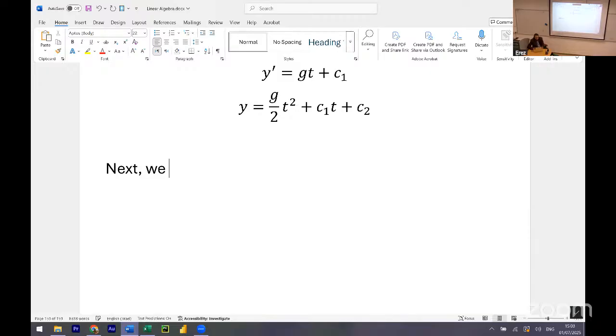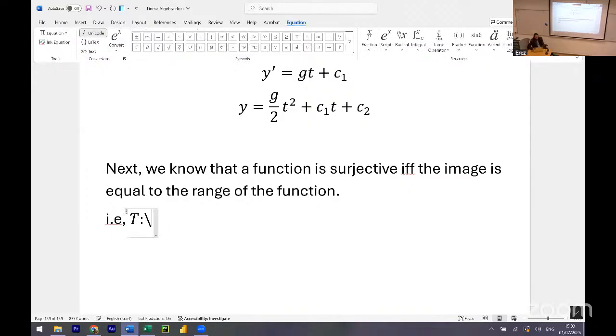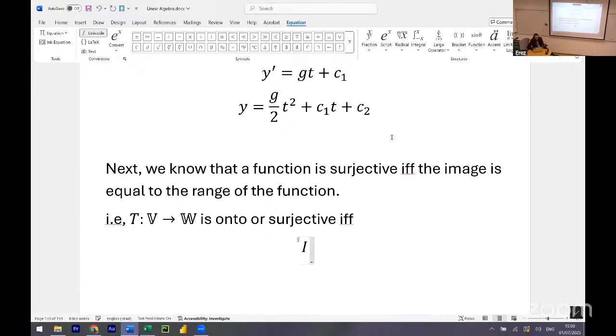And we know that a function is surjective if and only if the image is equal to the range of the function, i.e., the linear function from V to W is onto or surjective if and only if the image of T is actually the whole of W. Does that make sense?